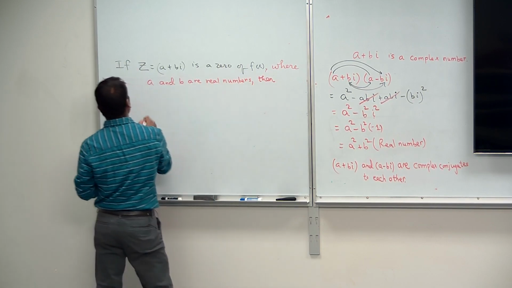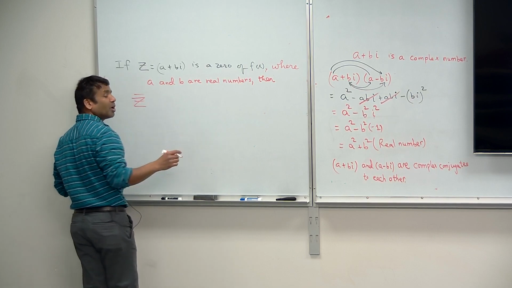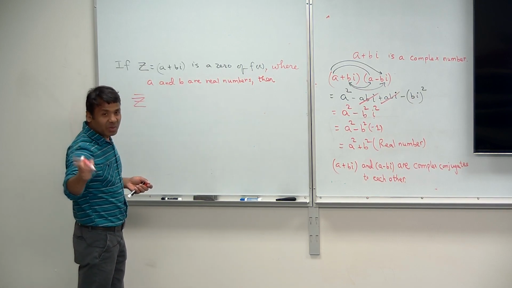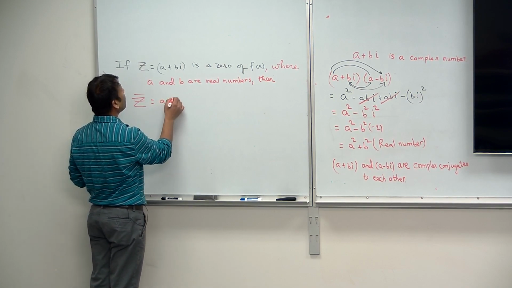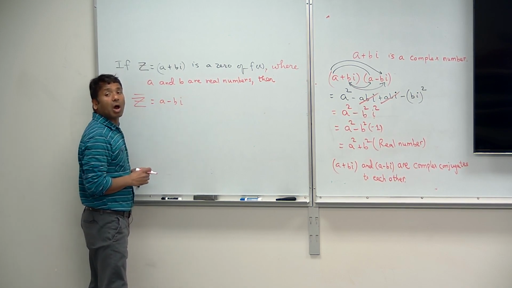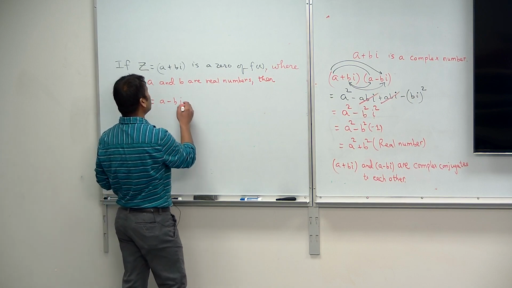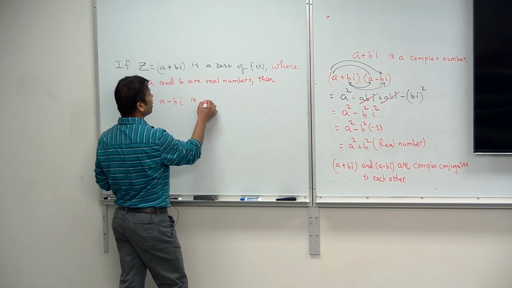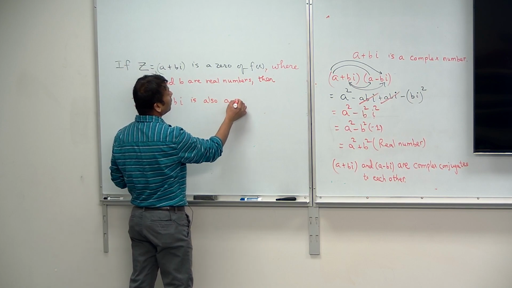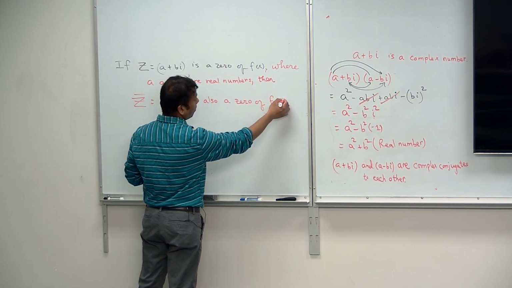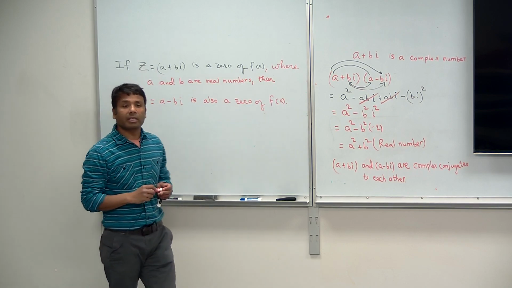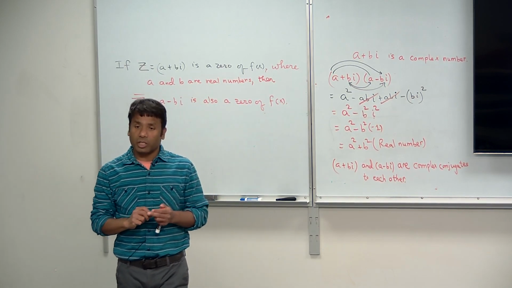Then its conjugate, z bar equal to a minus bi, is also a zero of f(x). So this is the conjugate zeros theorem.